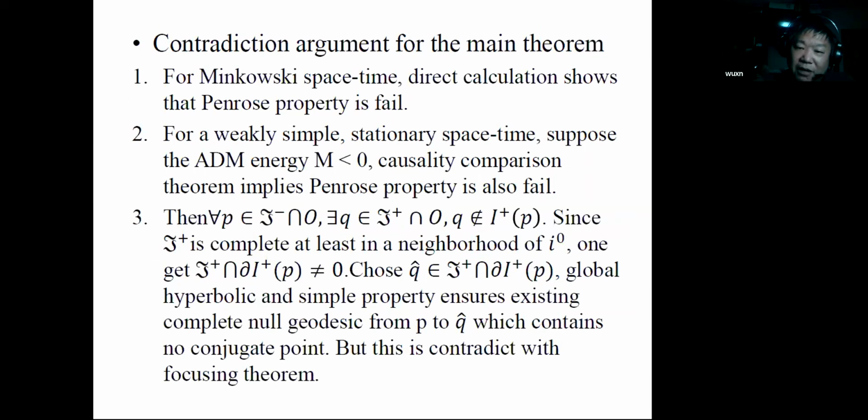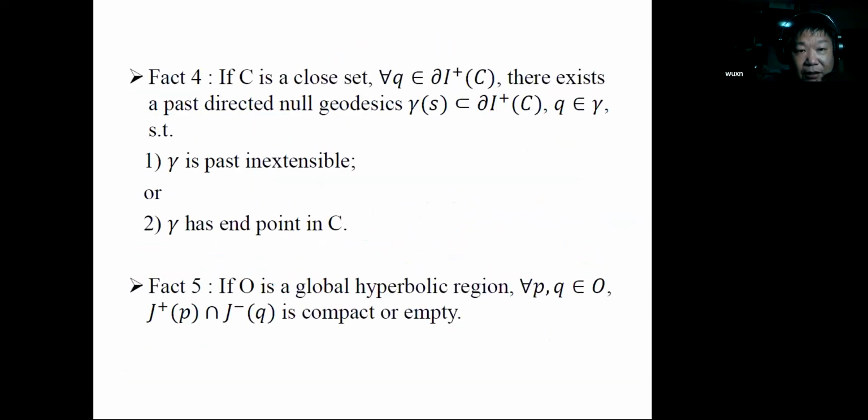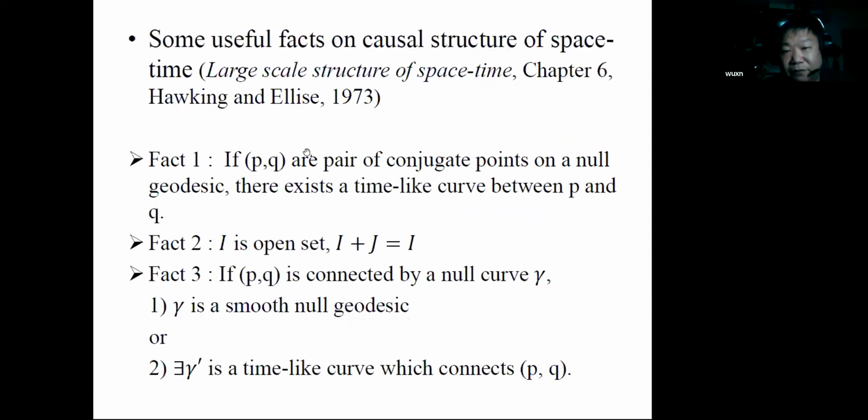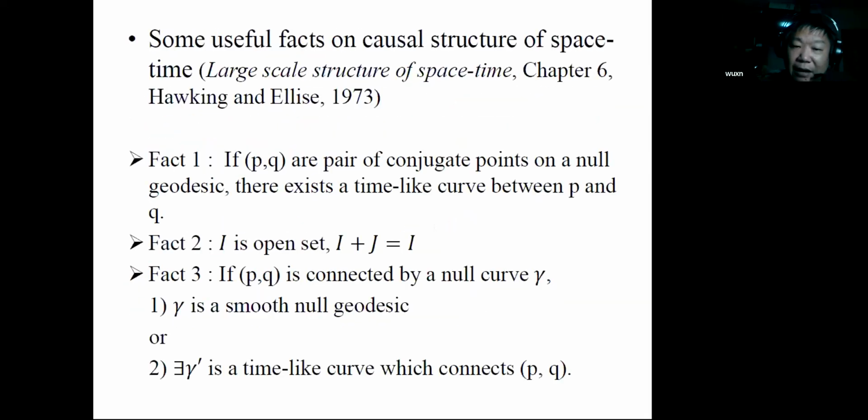Then it will go inside the spacetime. If it goes inside the spacetime, we will use fact 1. It means that first we have no such null geodesic just on the boundary of the I plus of P. So it means that from the two points Q hat to P, there are no null geodesics and no time-like curves connecting these two points.